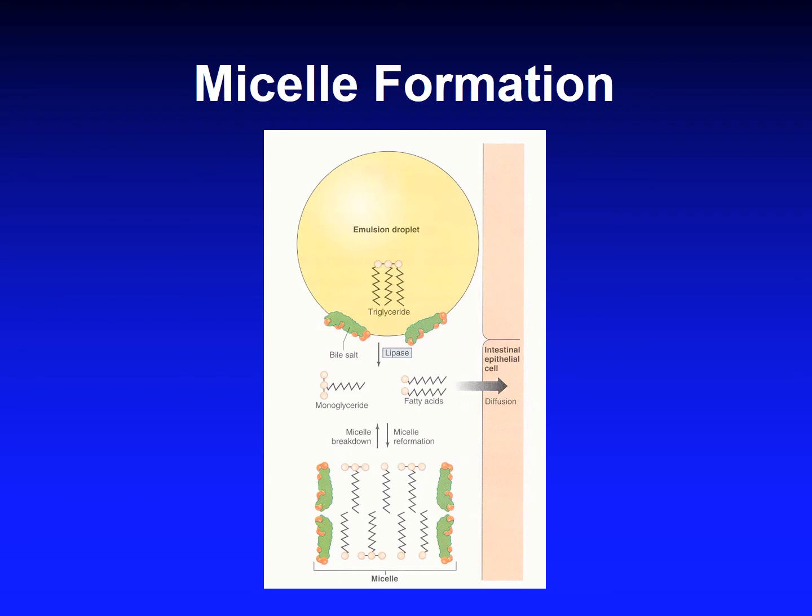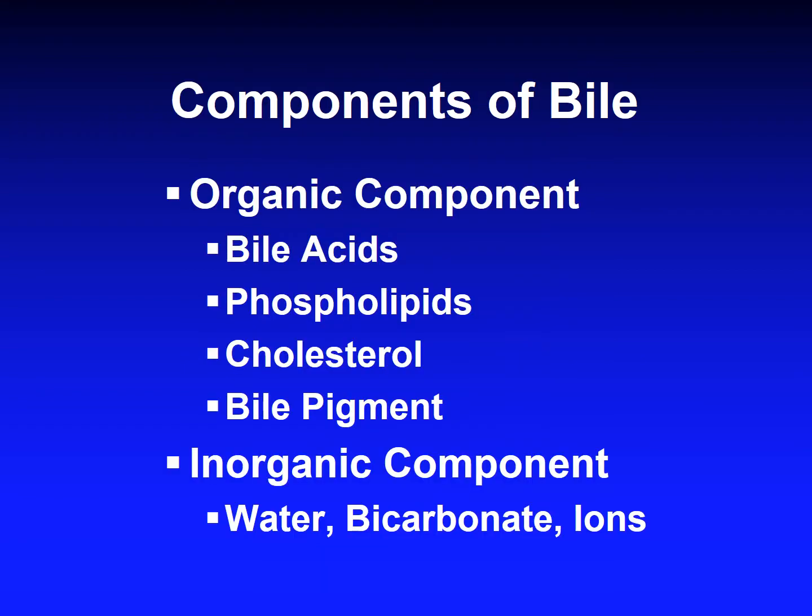So what are the components of bile? There are a number of components in bile. We have organic components, and we have inorganic components, just like saliva has organic and inorganic components. The organic components in bile secretions are four: bile acids, phospholipids, cholesterol, and bile pigments.